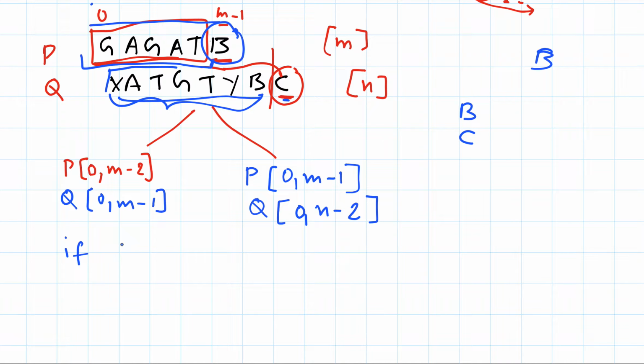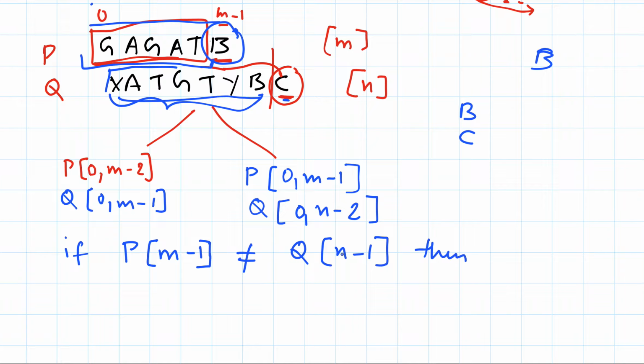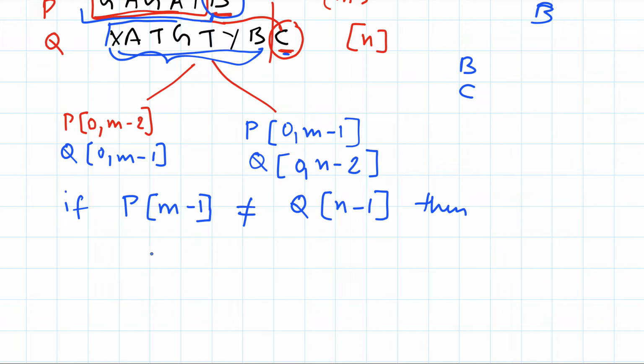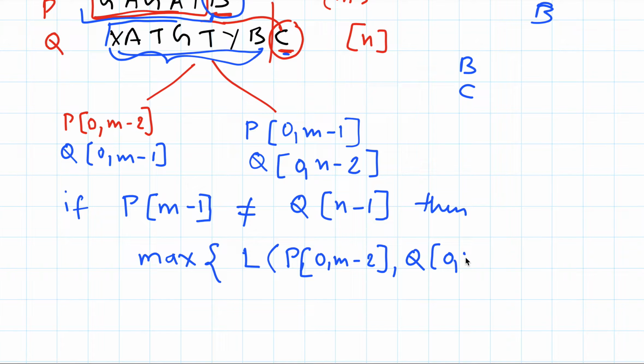So if P of m minus 1 is not equal to Q of n minus 1, then we have to take the max of, if this function is L, max of L of P 0 to m minus 2 and Q 0 to n minus 1, and L of P 0 to m minus 1 and Q 0 to n minus 2.